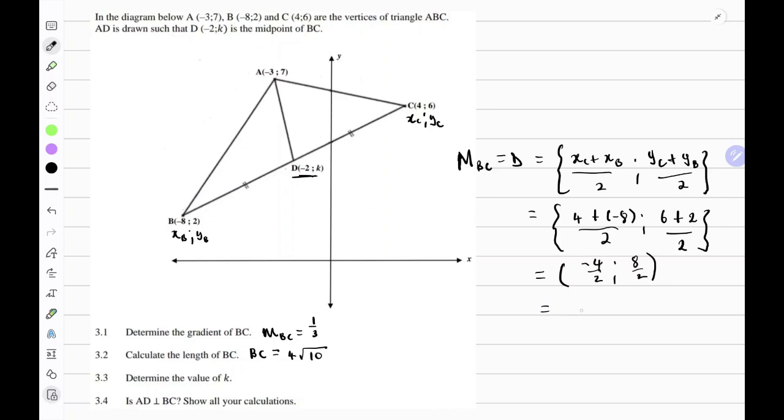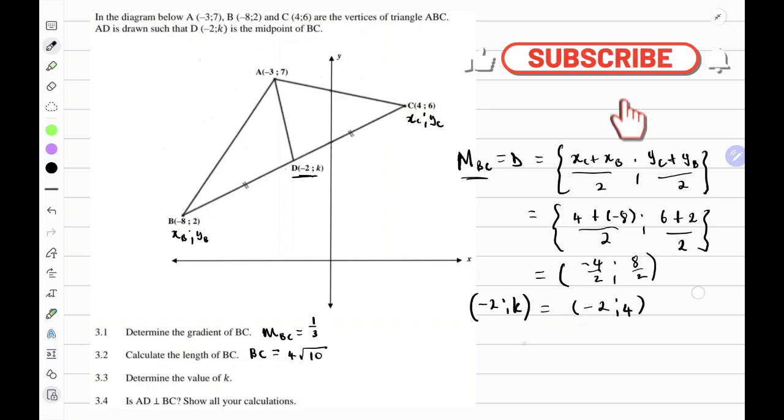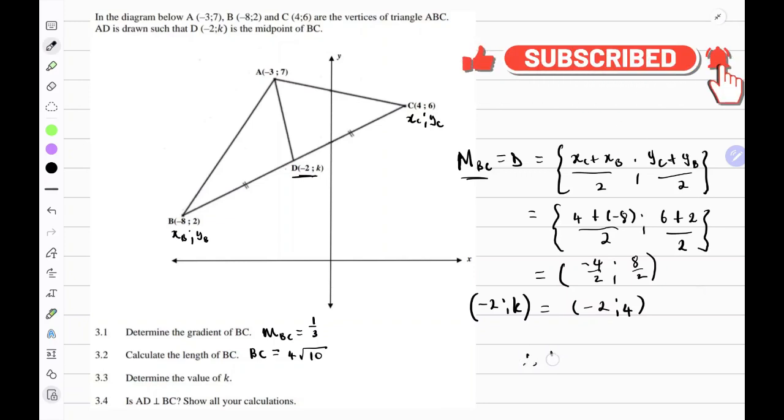So this here is equal to negative 2 and 4. But remember we have the coordinates of D to be negative 2 and k. So we can equate the coordinates respectively. Negative 2 is equal to negative 2 and therefore k should be equal to 4.